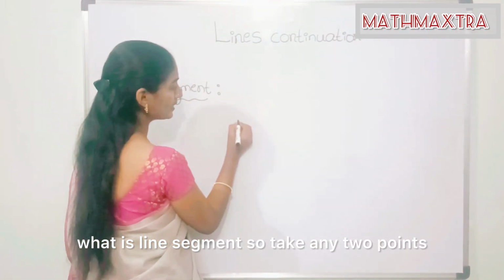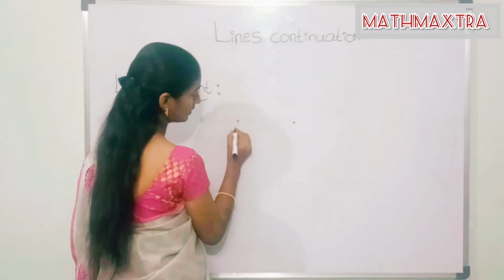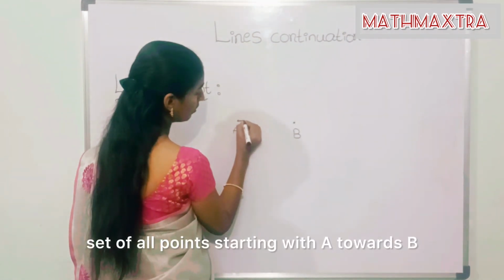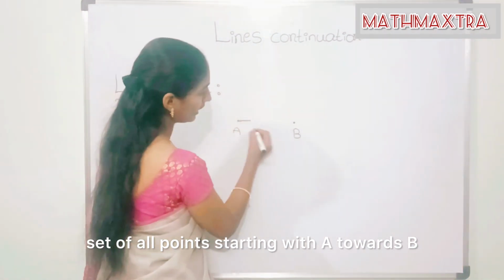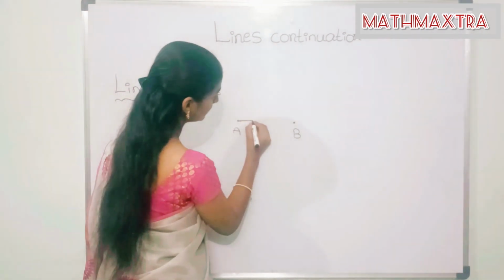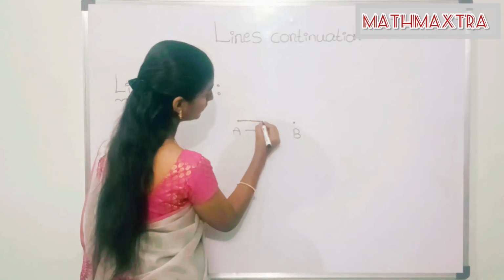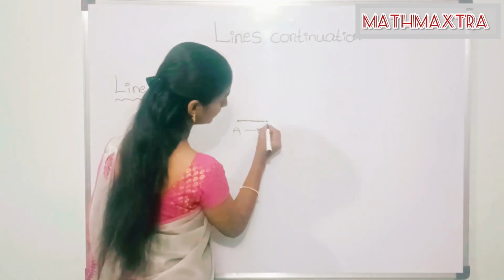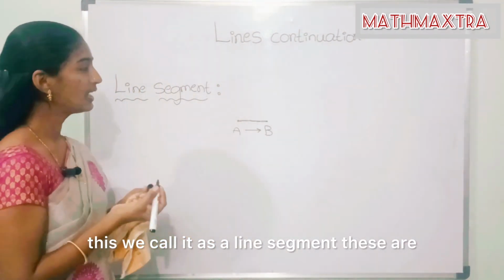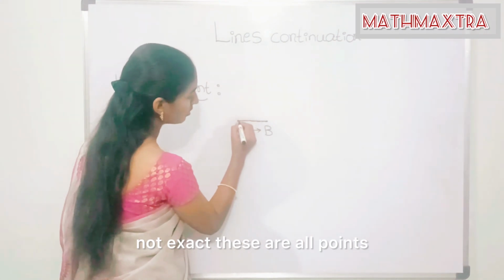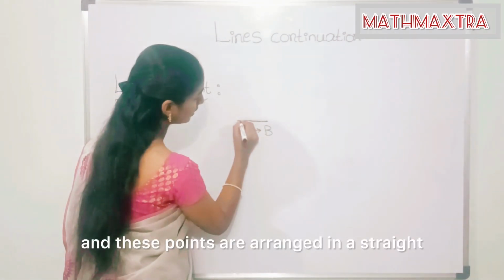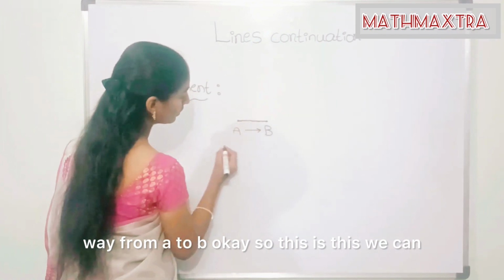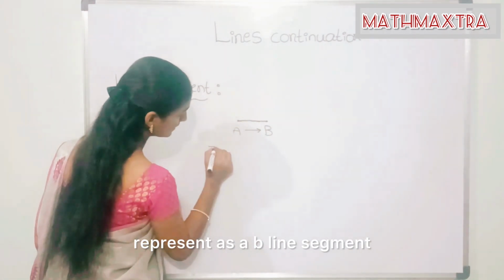Take any 2 points, A and B, and the set of all points starting from A towards B, arranged in a straight way from A to B, we call a line segment. We represent this as the AB line segment.